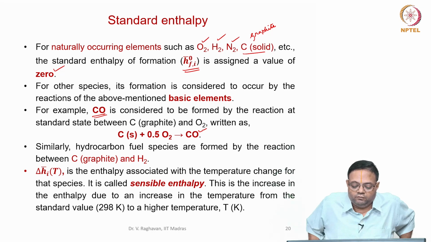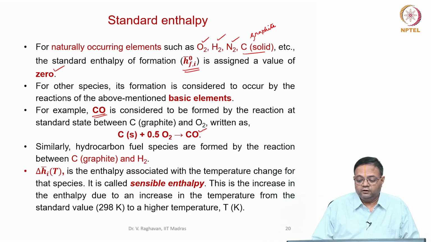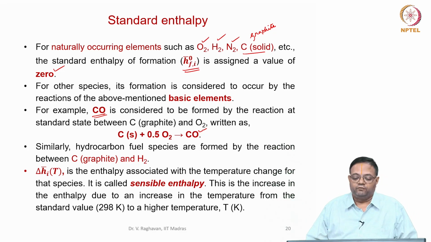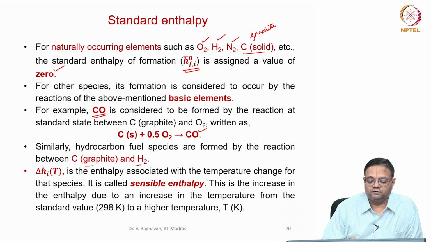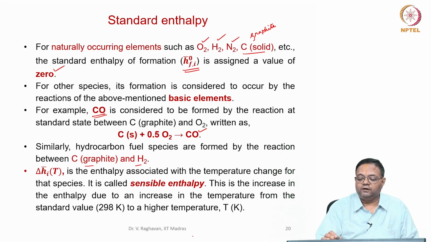Similarly, for fuel species, say CH4, C2H2, etc., we have to consider a reaction between graphite and hydrogen. Do you understand? So, all other materials can be formed using the 4 basic elements or natural elements. That is the enthalpy of formation.